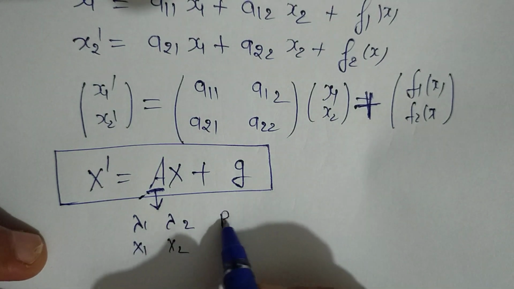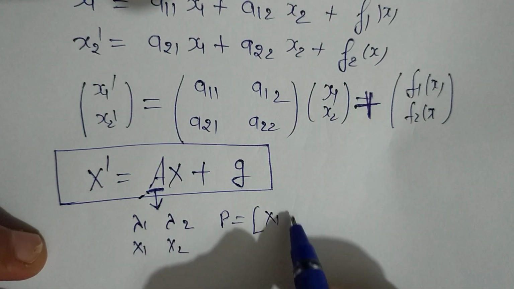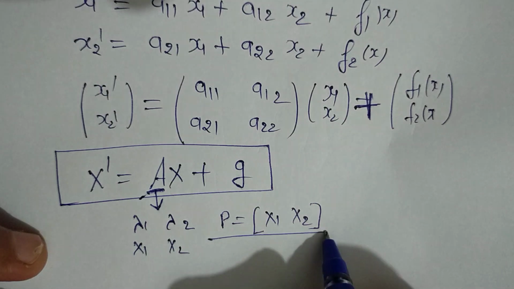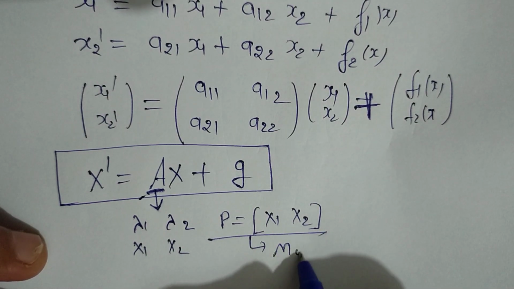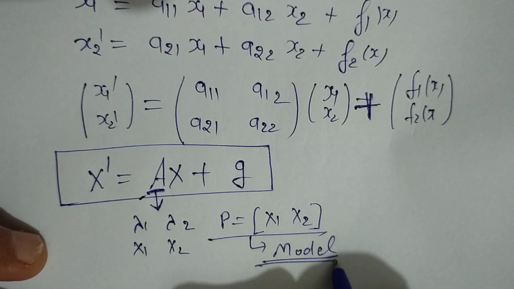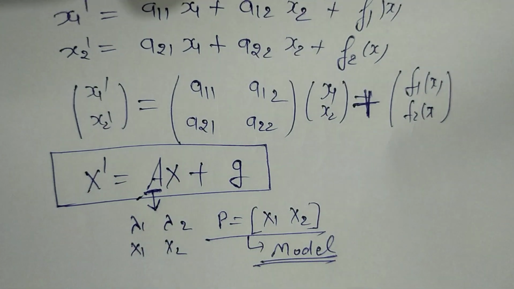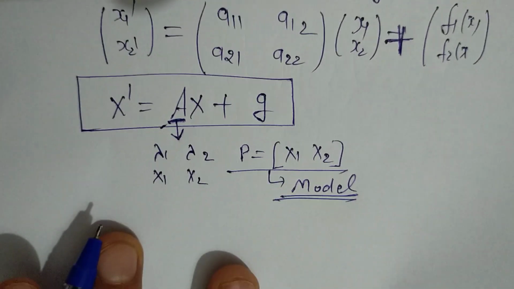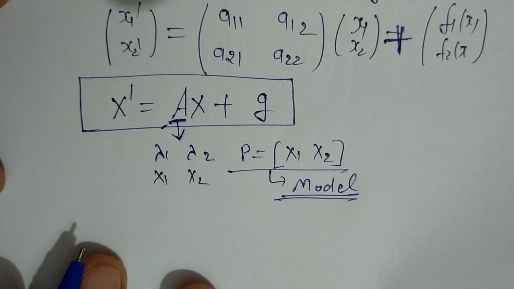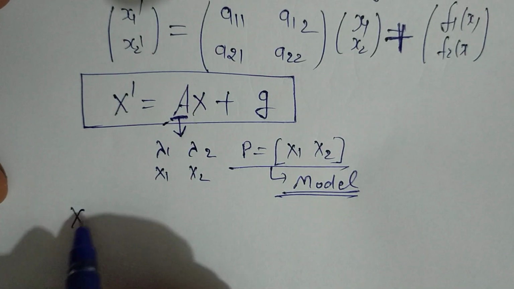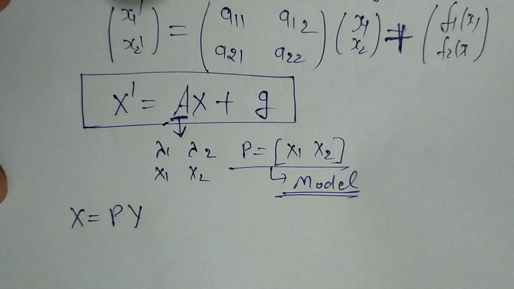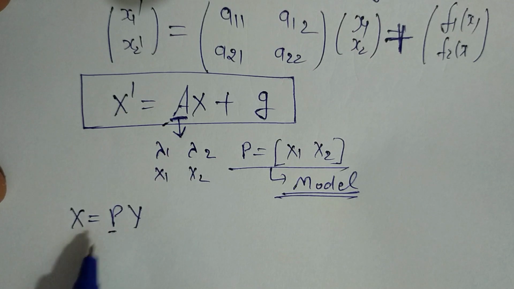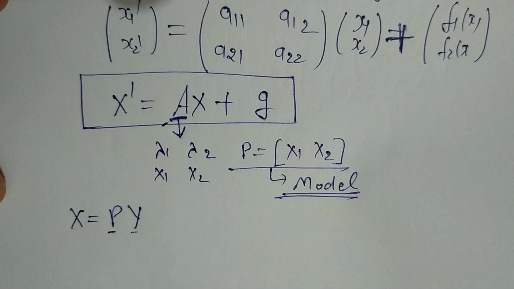This P matrix of eigenvectors is called the modal matrix. For solving this system of differential equations, we take X equal to PY, where P is the modal matrix and Y is a new variable.